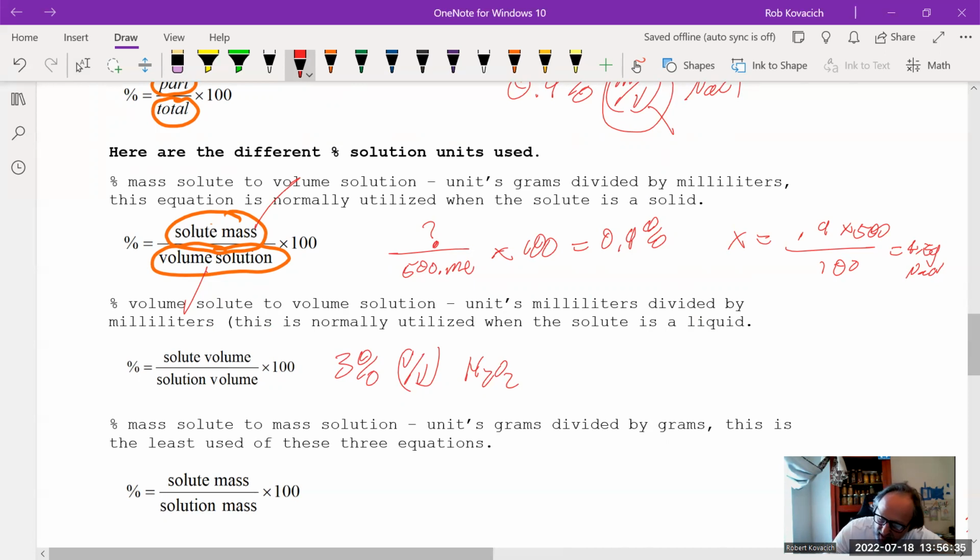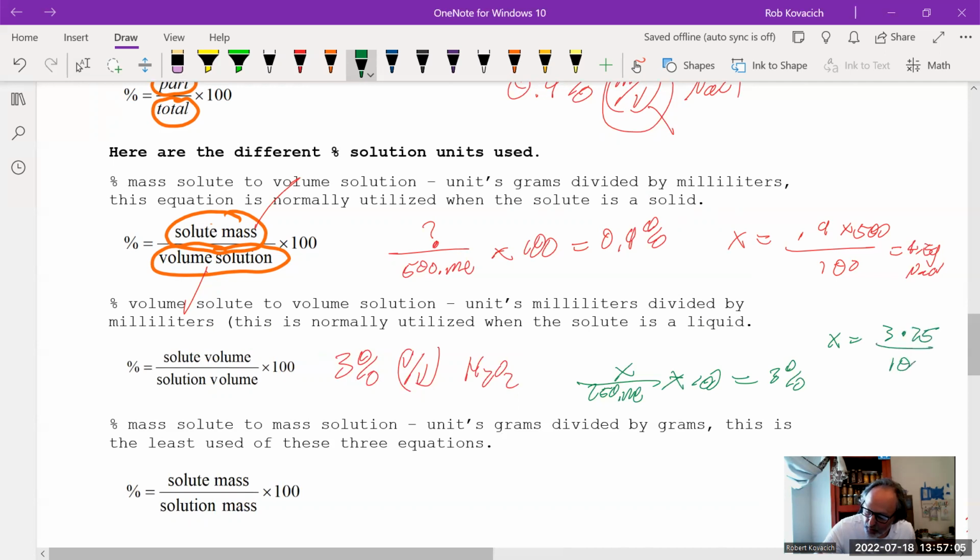So let's say that we had 250 milliliters of hydrogen peroxide at 3%. So if I rearrange this, I'll get X is equal to 3 times 250 divided by 100.